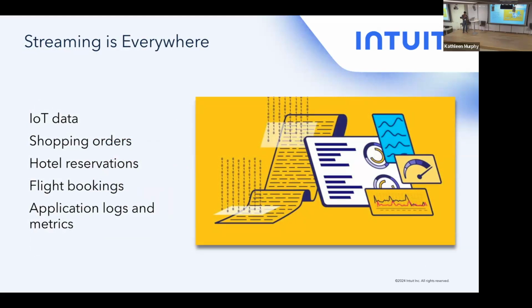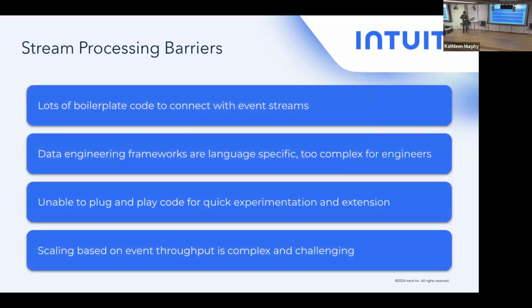So when we think about stream processing, especially in the context of Intuit, or even generally out there, there are a couple of pieces that come into the picture. Let's say you are an engineer, an ML engineer or a data engineer, who is interested in consuming these events on a day-to-day basis. Let's say you are getting all of your IoT data through a Kafka topic, or your shopping orders through a Kafka topic. You want to process all of those events in real time.